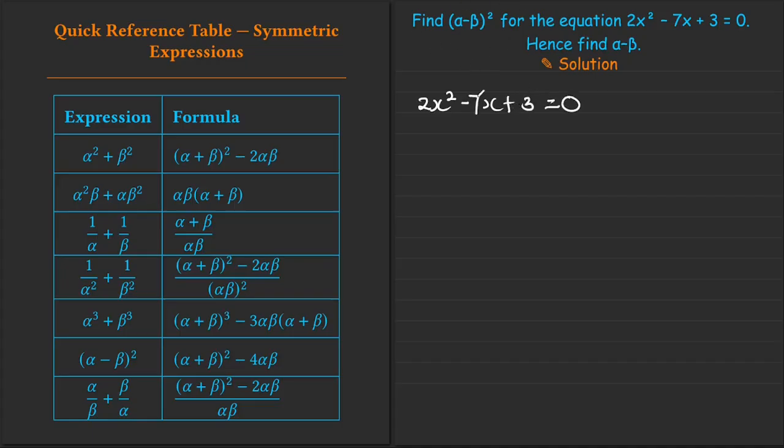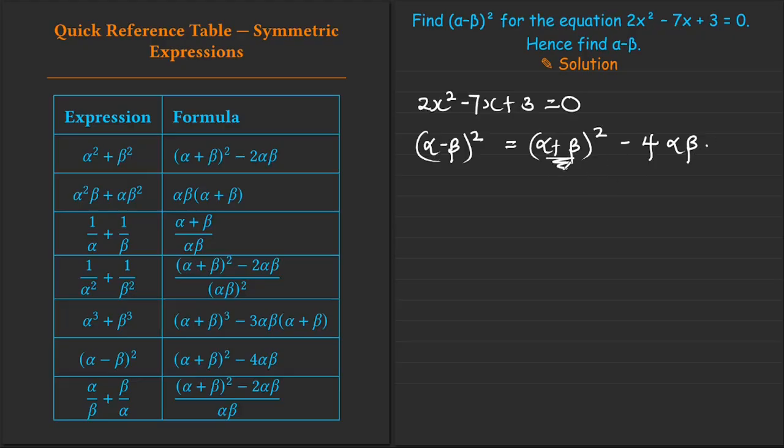So first of all, we need alpha minus beta all squared. Now from our table, alpha minus beta all squared is given as what? Alpha plus beta all squared then minus 4 alpha beta.